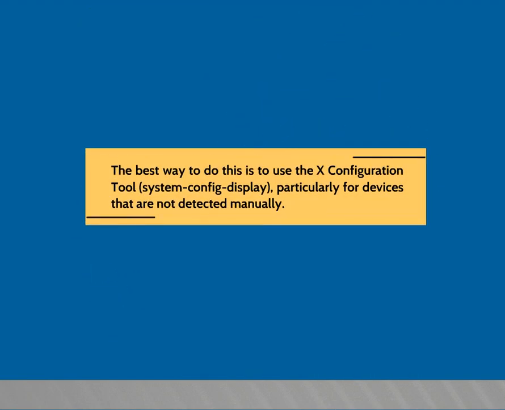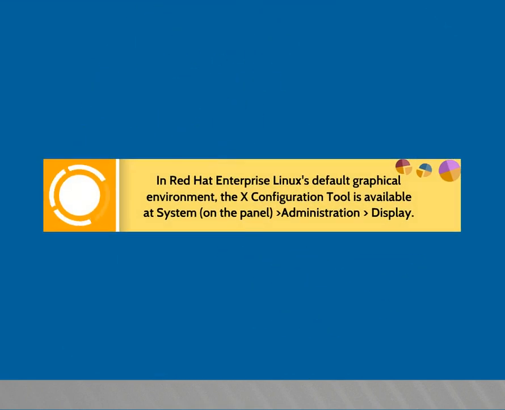The best way to do this is to use the X configuration tool, that is system-config-display, particularly for devices that are not detected automatically. In the Red Hat Enterprise Linux default graphical environment, the X configuration tool is available at System, that is on the panel, Administration, Display.